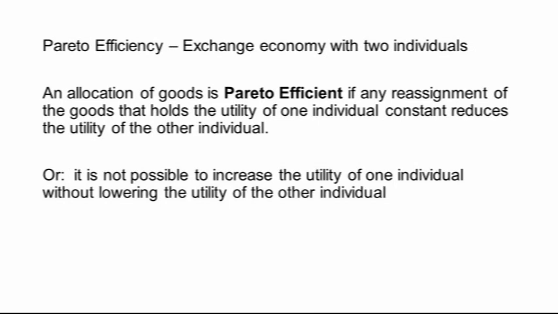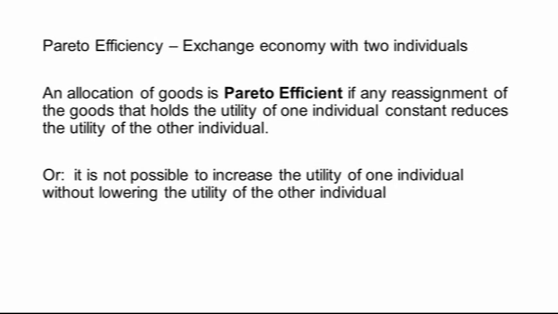And generally this goes under the concept of efficiency, and specifically when we're looking at this distribution of resources, Pareto efficiency. So what we're going to look at is an exchange economy that has two individuals. There are two goods out there distributed between the individuals, and we'll think about ways to redistribute the goods to make both individuals better off.